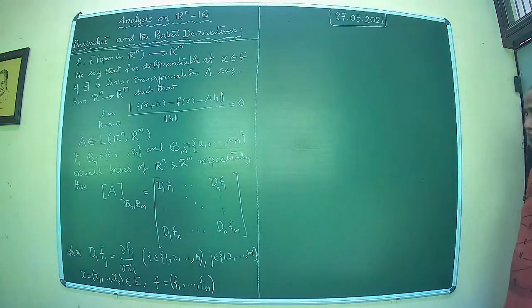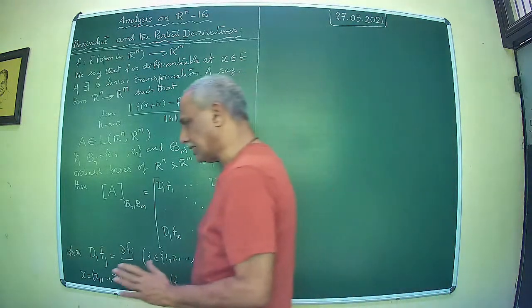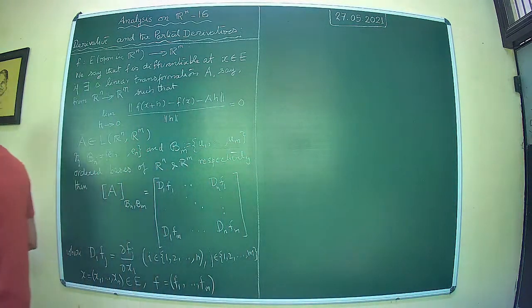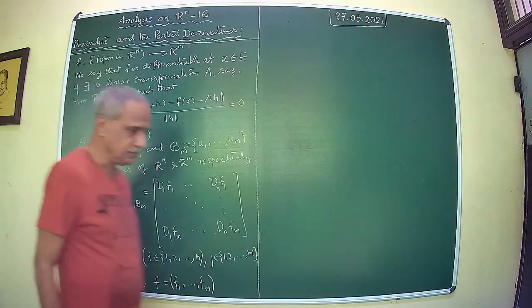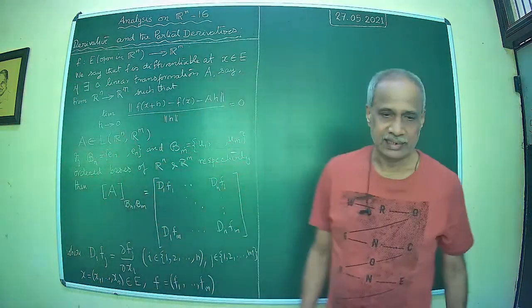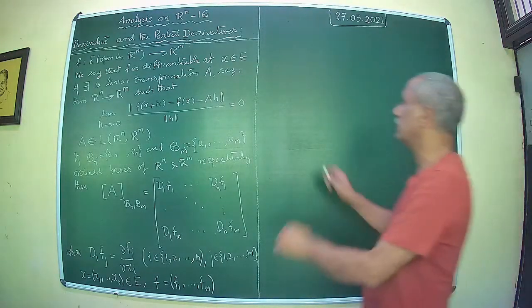Namely, if the function has all its first partial derivatives existing at a point, then does it imply the function is differentiable?